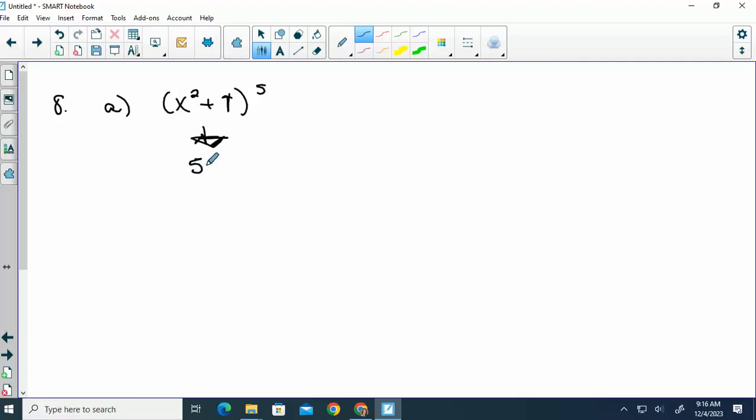Exponent comes down, inside stays the same, subtract 1 from the power times derivative of the inside. Derivative of x squared plus 1. Okay, so you could write that as 10x times x squared plus 1 to the 4th.